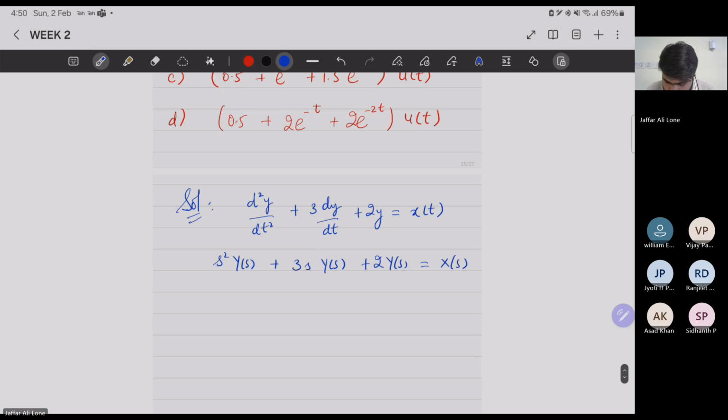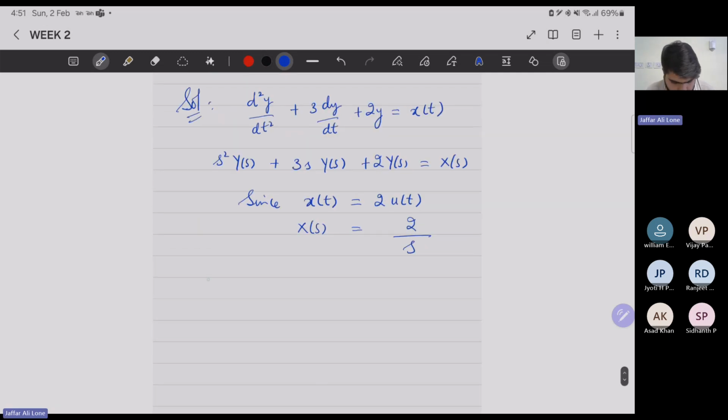Now, since x(t) is 2u(t), X(s) will be 2 by s. We can put the values, and finally we'll get Y(s) as 2 divided by s into (s plus 1) into (s plus 2).